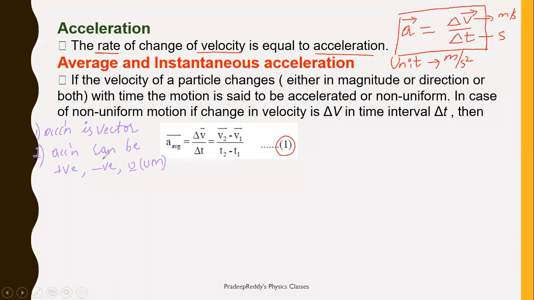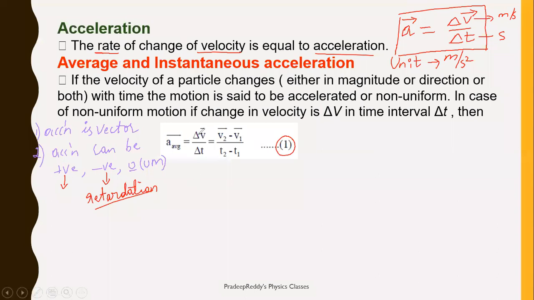If it is positive, it is called positive acceleration, whereas if it is negative, it is called deceleration, or retardation. That means velocity goes on decreasing with respect to time.